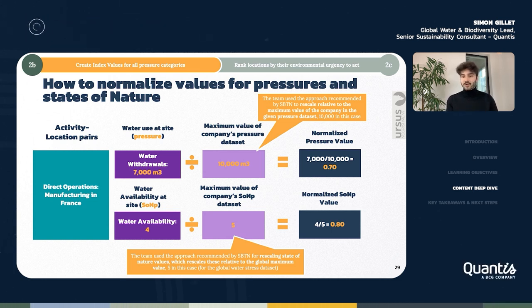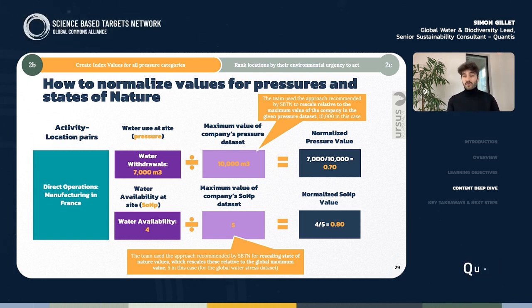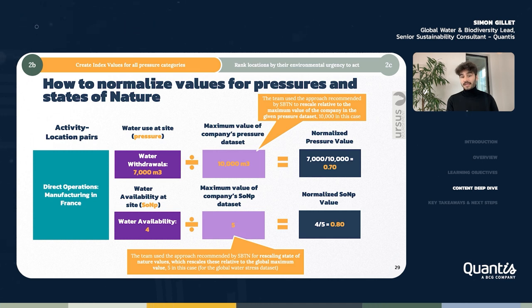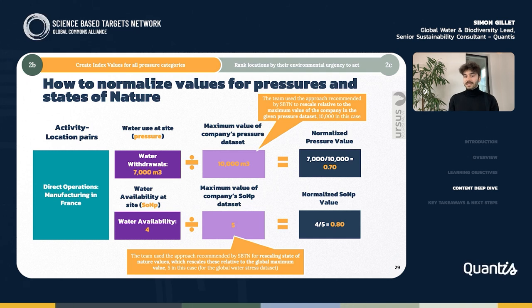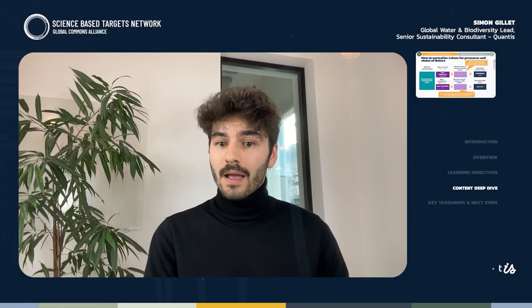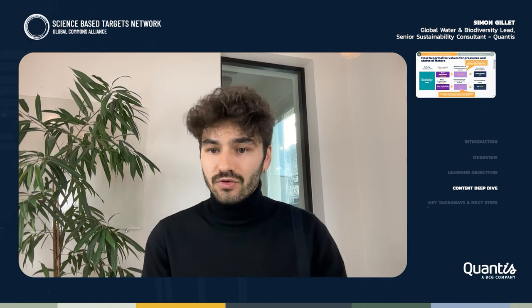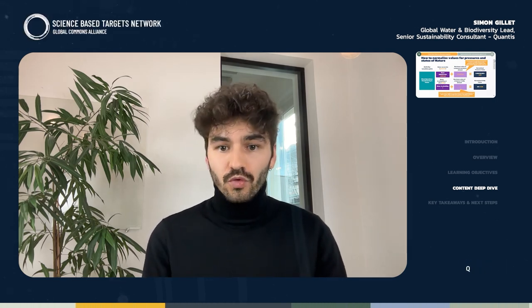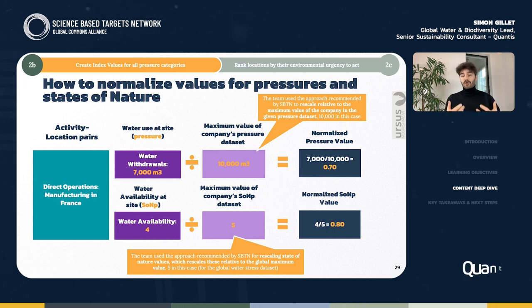Companies that used multiple state of nature metrics for a given pressure category in their value chain assessment, so step 1B, must harmonize the spatial scale between datasets and normalize the data from 0 to 1 for all the state of nature metrics. They will then combine them into a single state of nature dataset by taking the highest value across all the indicators. You will then be able to use this metric for your index value calculations before ranking.